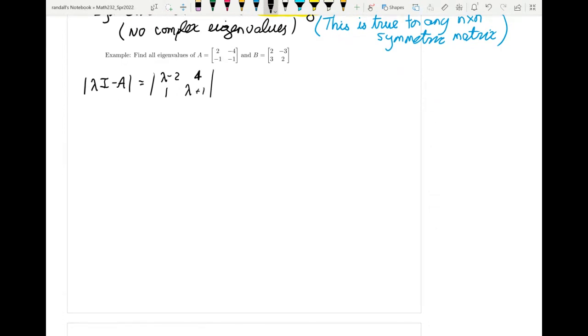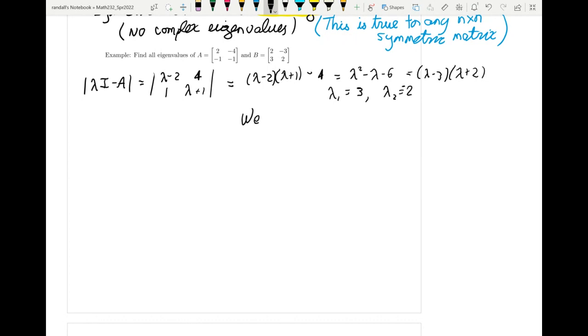So when we write out this determinant and simplify that, I can factor this quadratic right here: lambda minus 3, lambda plus 2. I see that my two eigenvalues are 3 and minus 2.